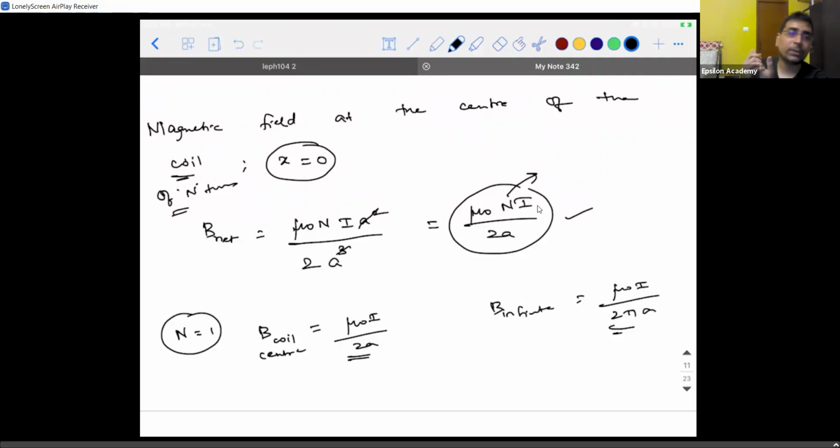Clear? These are the two important differentiating factors you need to keep in mind when you solve problems. How to handle the problems I teach you, that's not a big deal. But I want you to have clarity on how to use the formula and when to use which formula.